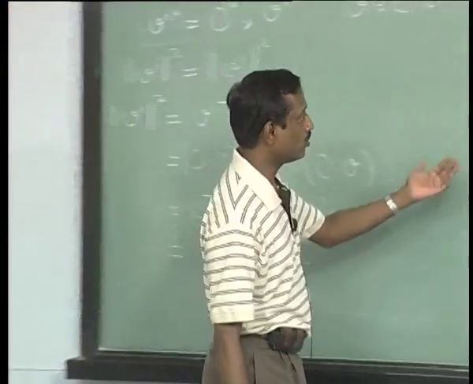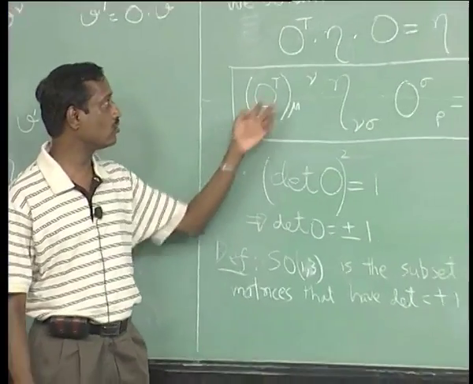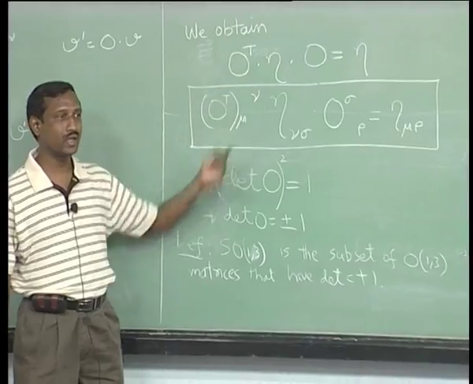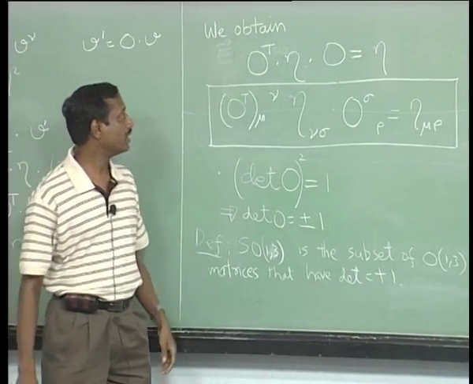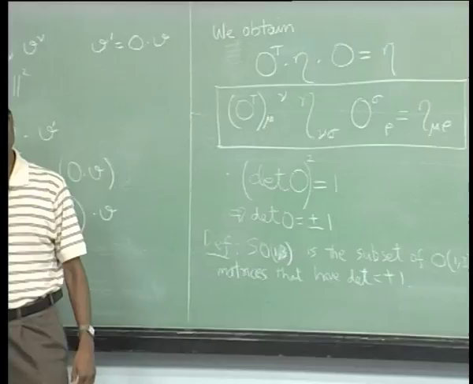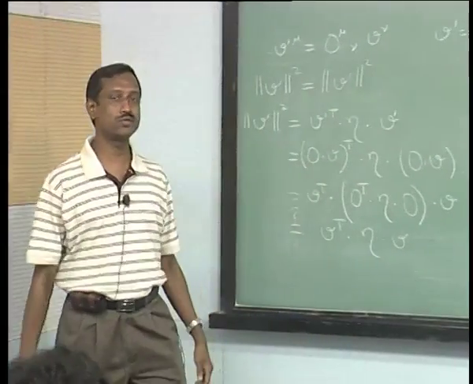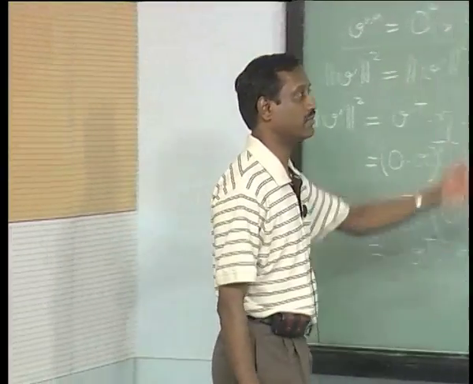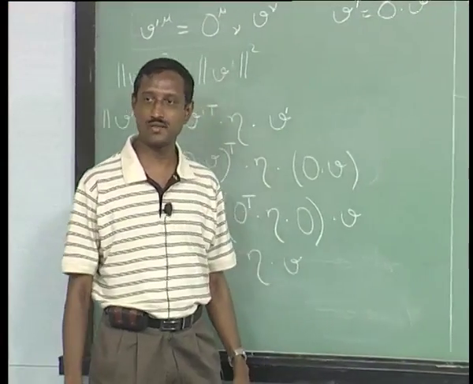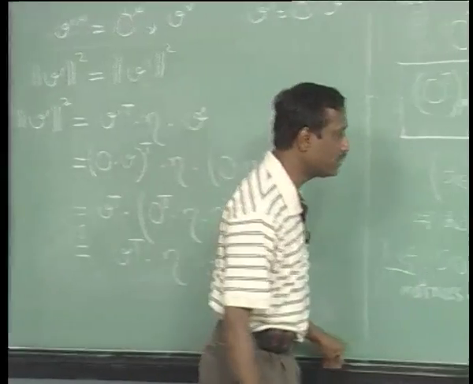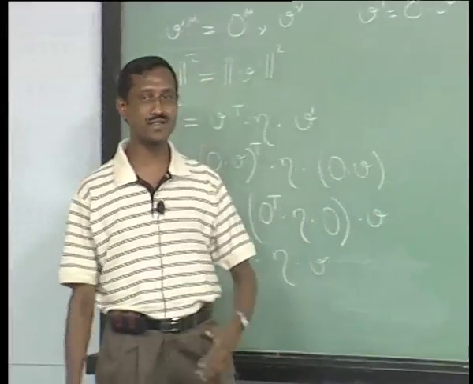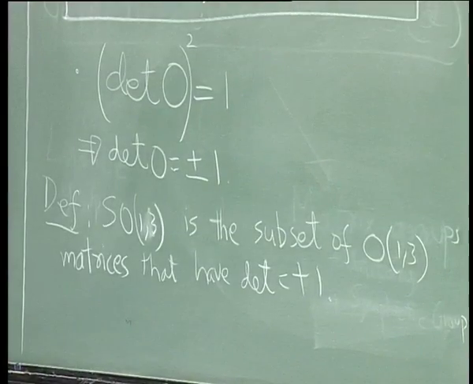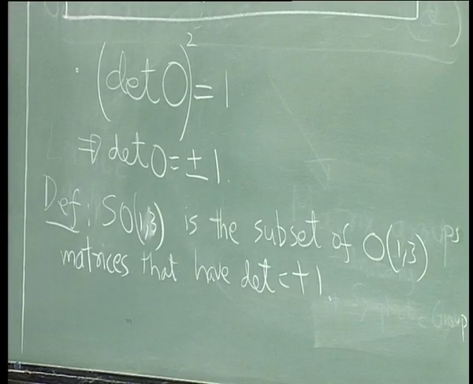So, go home and check the following thing, take O1 and O2, assume both O1 and O2 satisfy this condition, and check that O1 dot O2 and O2 dot O1 both satisfy the same condition. Okay. It is not very hard, it is very simple, but it is useful to check these things, keep the axioms next to yourself and check each one of these things and work them out.